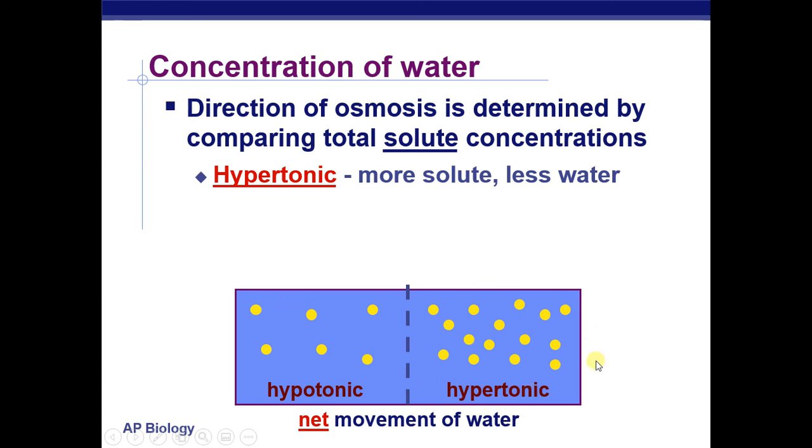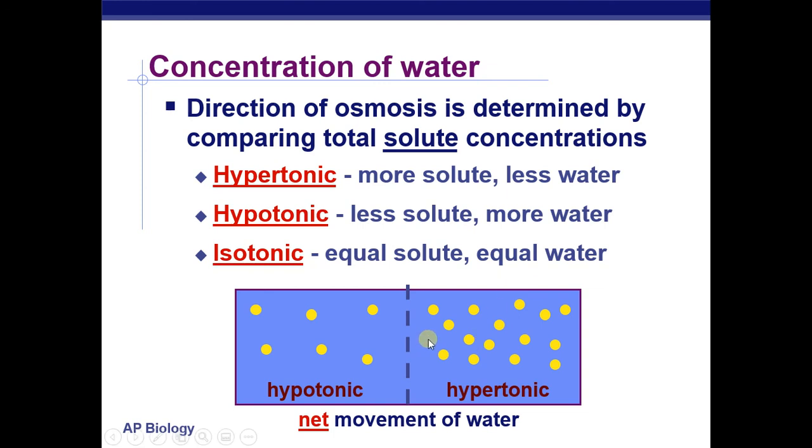A hypertonic solution has more solute dissolved in it and less water than what we're comparing it to. And a hypotonic solution will have more water and less solute compared to whatever we're comparing it to. So water will always move from the hypotonic solution into the hypertonic solution if they're separated by a membrane that's only permeable to water.